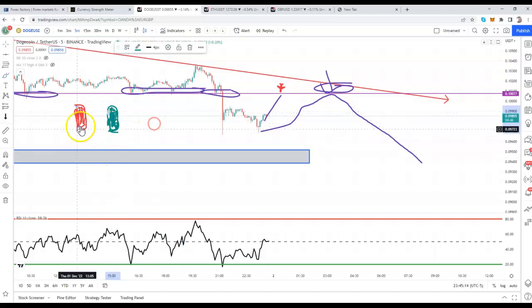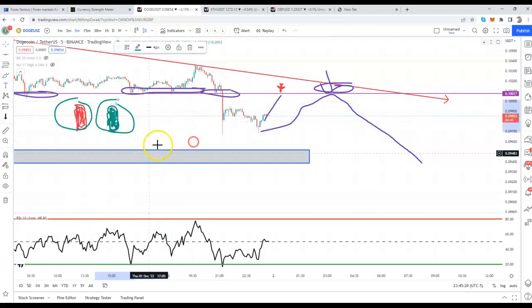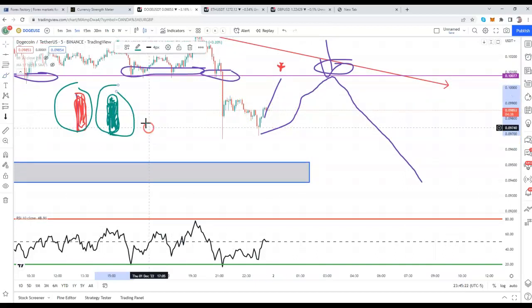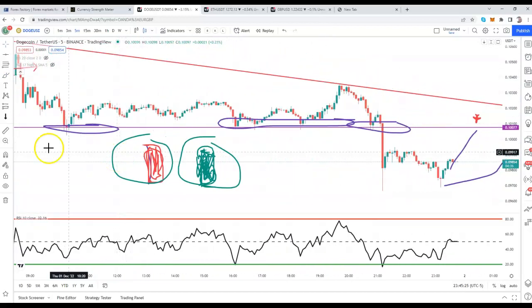Okay. So, bearish engulfing candle, bullish engulfing candle. Now let's take a look at what that looks like on a candle.